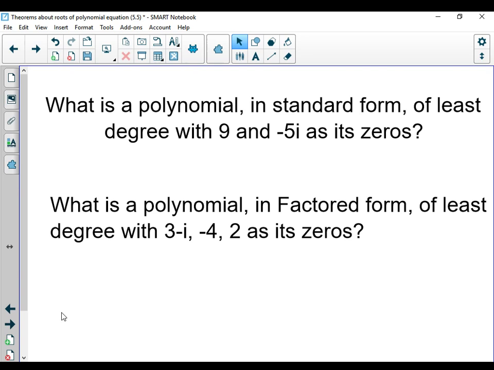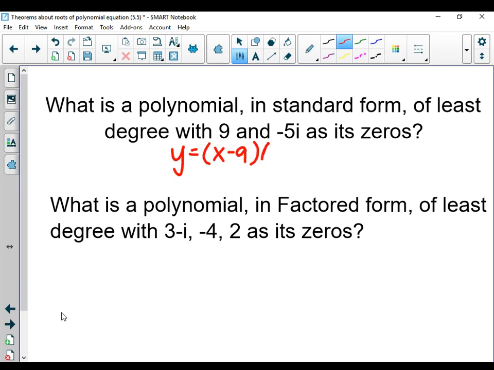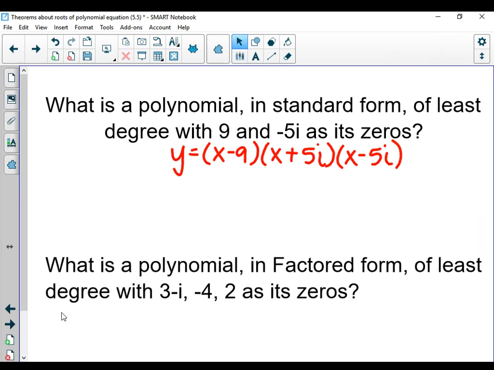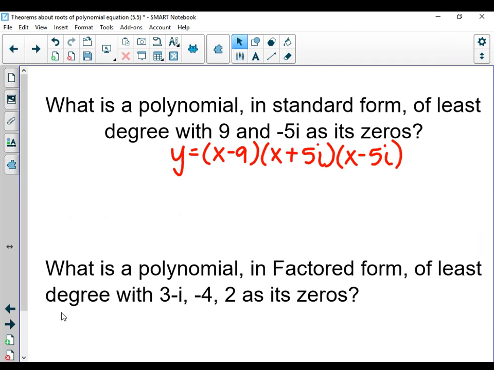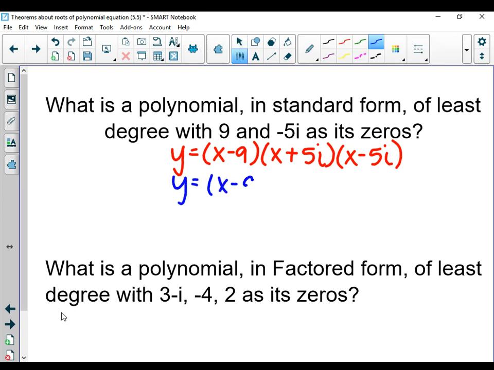Okay, so for the first one, we have to multiply this one out. So we get x minus 9 and x plus 5i, but we also have an x minus 5i. Okay, so after you multiply those two together, the imaginary ones, you should have gotten x squared plus 25.